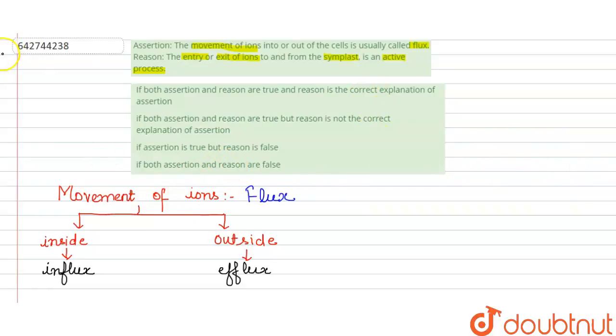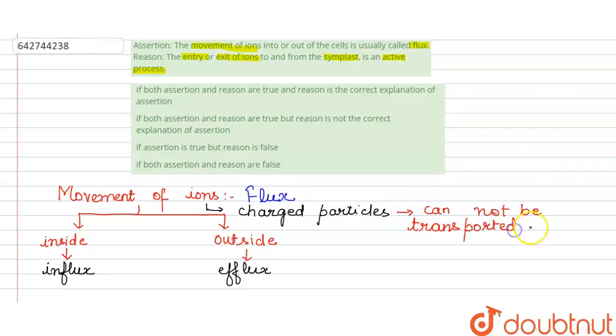As we can see here, the ions are charged particles, and they do not have the tendency to move through passive transport. They cannot be transported via the symplast basically by passive transport.